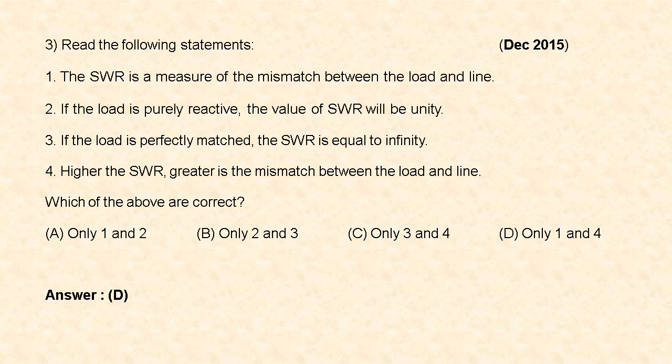And if you see the third statement, if the load is perfectly matched, the standing wave ratio is equal to infinity. It is also wrong because if the load is perfectly matched, the standing wave ratio should be unity. And fourth statement, higher the standing wave ratio, greater is the mismatch between the load and the line. So this statement is also correct. So option D is correct.